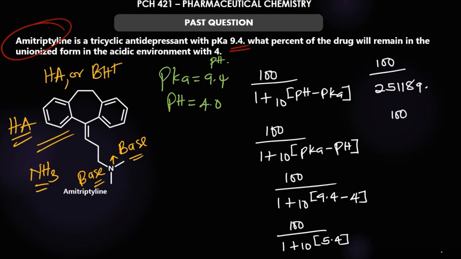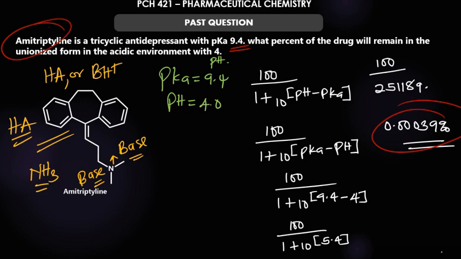So when you divide 100 by that, it becomes about 0.00039%. So 0.00039% are unionized, which means almost 99.999% are ionized in solution. So that's basically that.